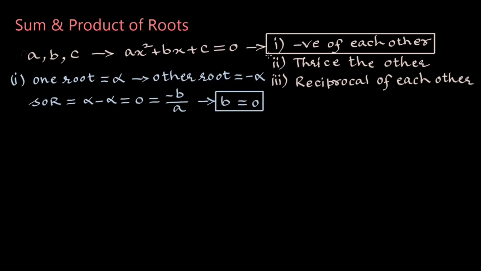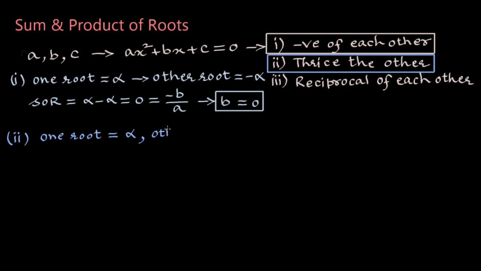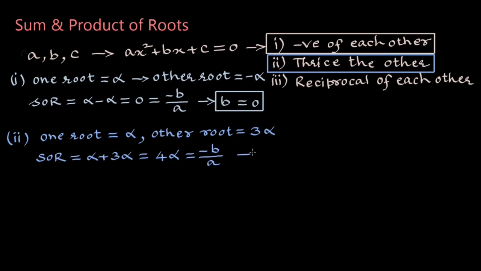Answering the second question, if one root is alpha, the other root will be 3 alpha, and the sum of roots will be alpha plus 3 alpha, 4 alpha, which is also minus b upon a, and this implies alpha equals minus b upon 4a. The product of roots, alpha into 3 alpha, will be 3 alpha square, which is also, as we know, c upon a.